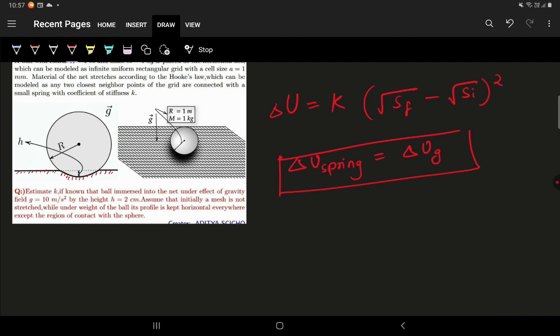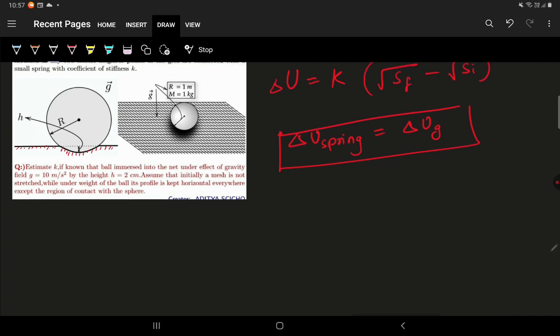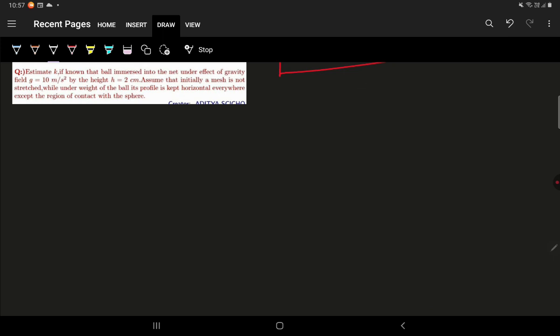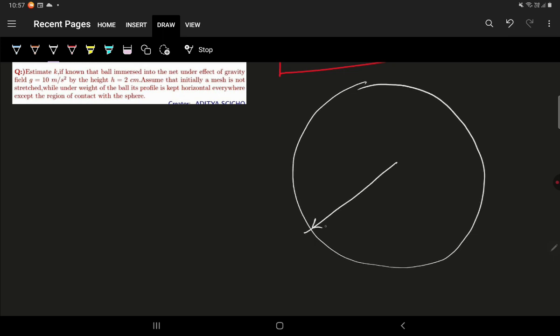Another small concept I'd like you to derive: suppose this is my sphere of radius capital R, and you cut out a section from it. I'm showing it with the white color. So this is my required section.